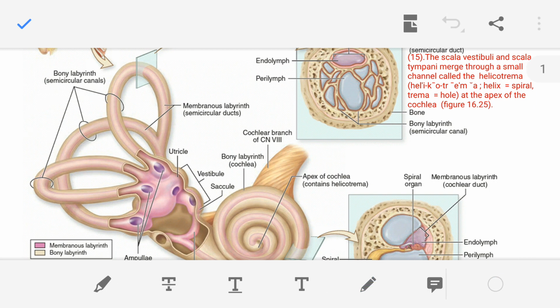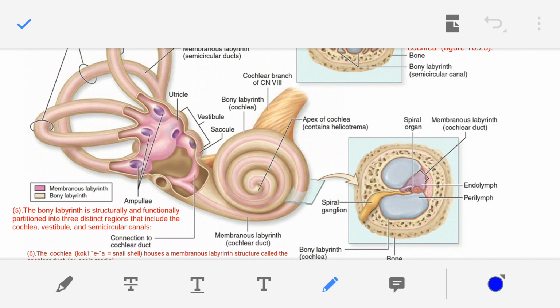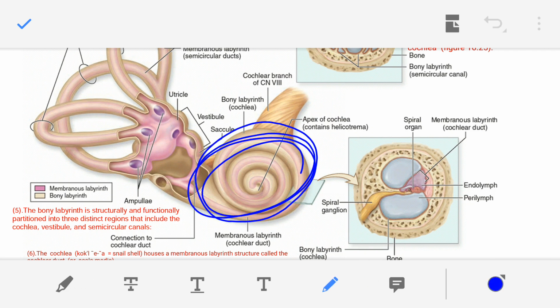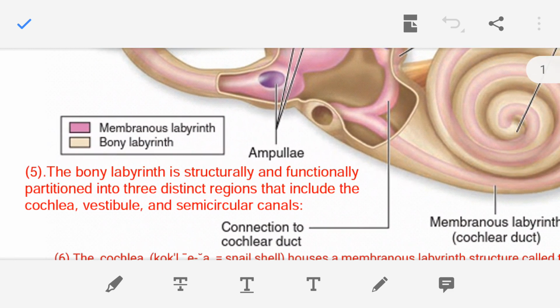Then here, this portion is the vestibule they are showing, and third, this entire portion is the cochlea. So the bony labyrinth includes the cochlea, vestibule, and semicircular canals.